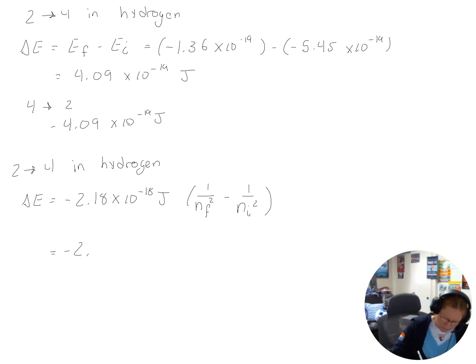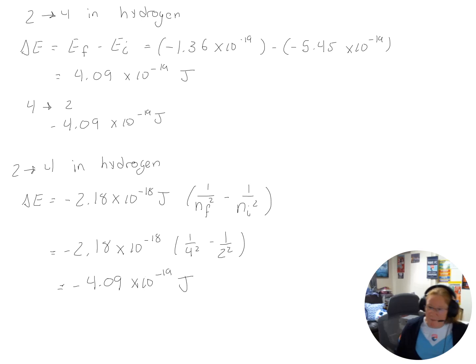So negative 2.18 times 10 to the negative 18th times 1 over 4 squared, because I'm going up to 4, so 4 is my final, minus 1 over 2 squared, because I'm starting from 2, 2 is my initial. And oh, look at this. I get the same amount of energy.